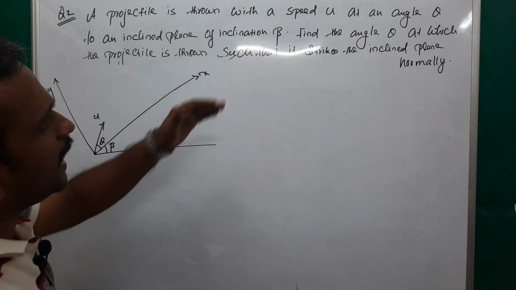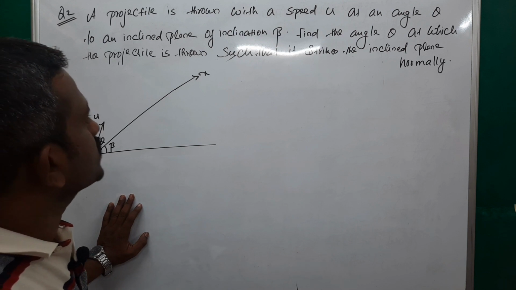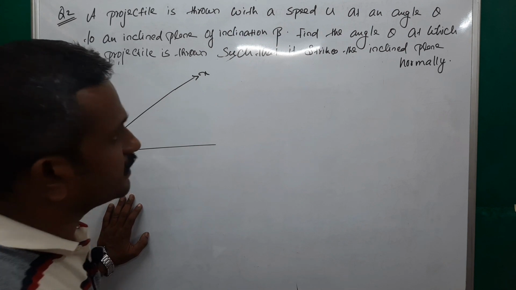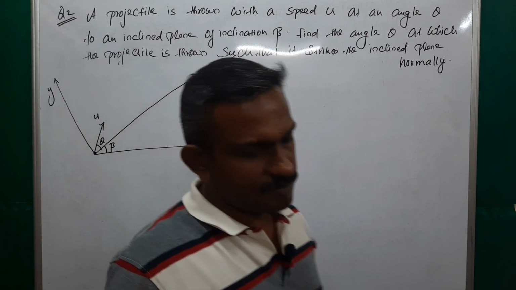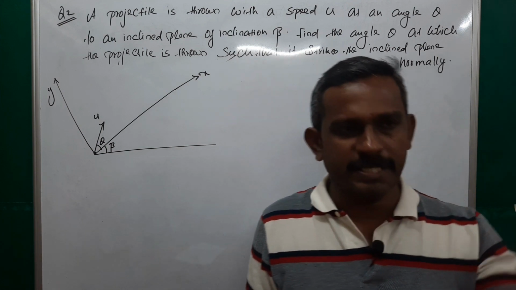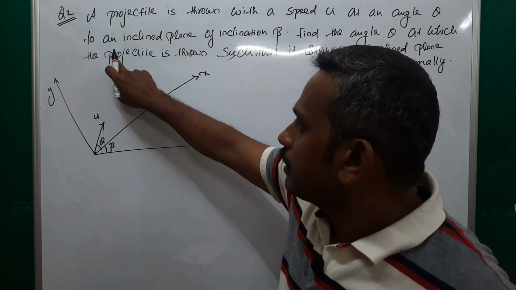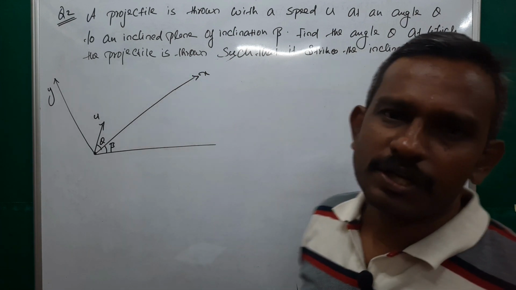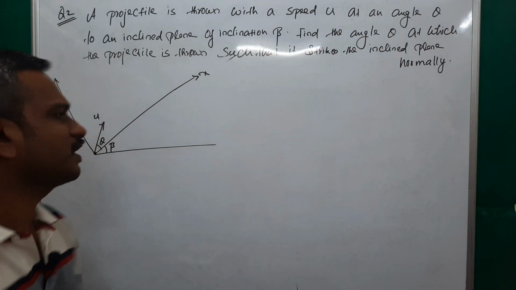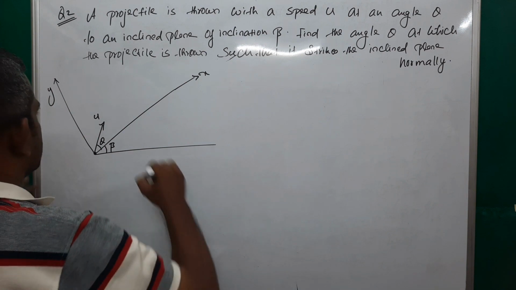Find the angle theta at which the projectile is thrown such that it strikes the inclined plane normally. So when the projectile reaches the inclined plane, it should reach it normally. For that, what is the angle of projection we have to find?